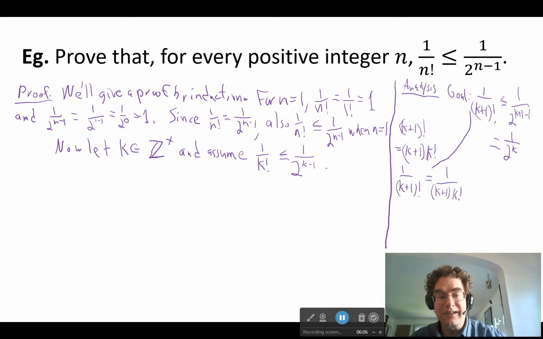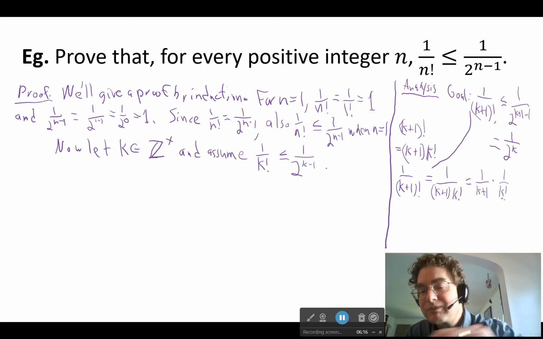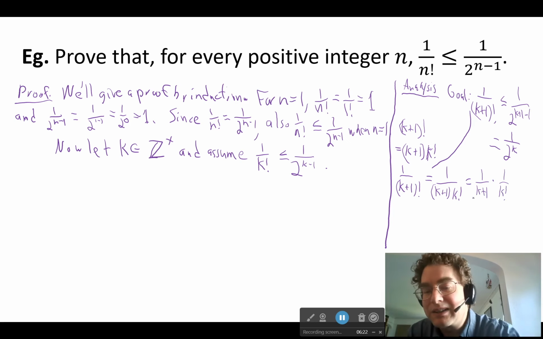And that's pretty cool because I now see in here, maybe I can make it even a little clearer, 1 over k plus 1 times 1 over k factorial. That's now the left-hand side of my induction hypothesis. So if I use my induction hypothesis here, I can say this is less than or equal to 1 over k plus 1 times 1 over 2 to the k minus 1.